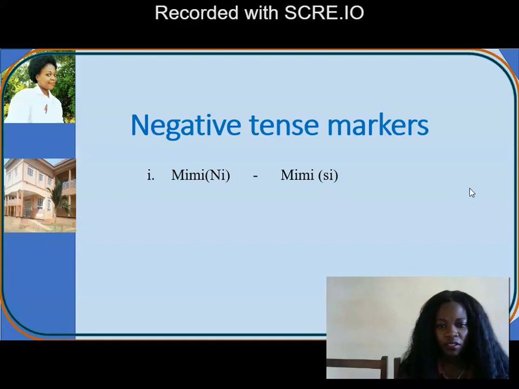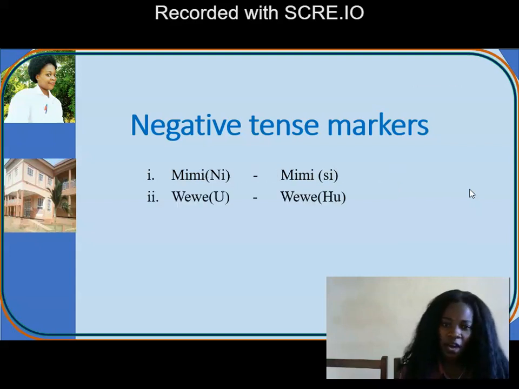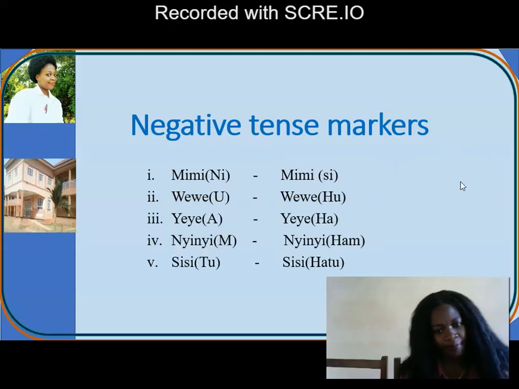They are called negative pronoun markers and positive pronoun markers. We have number one as mimi, which is ni. Here it is si. I'm not going to explain much because you can see how they are varying.